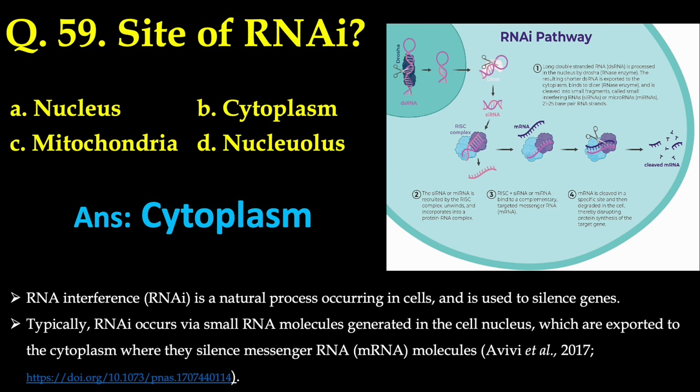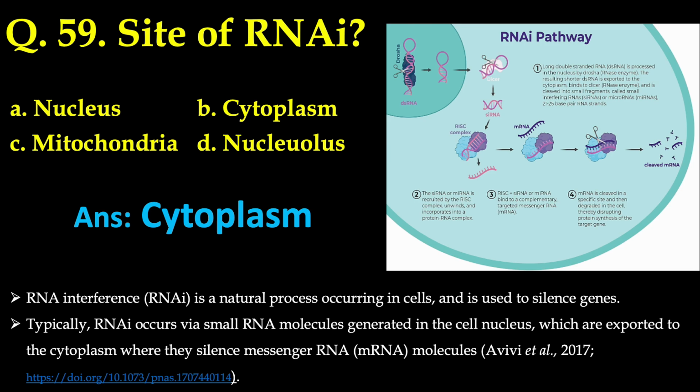If you see the diagram, then it will be more clear. This diagram is on the RNAi pathway. Here in step 1, long double-stranded RNA or dsRNA is processed in the nucleus by an enzyme called Drosha, an RNase enzyme.